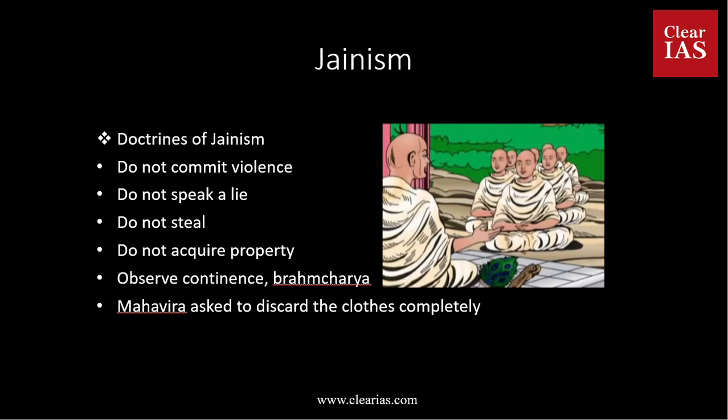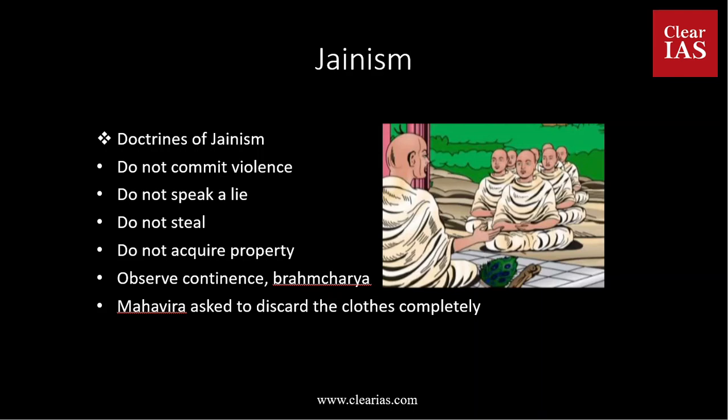Like we discussed, these sects encouraged non-violence, and it indirectly resulted in an increase in trade because it promoted harmony between the kingdoms. It also promoted protection of animals which could be put to agricultural use.